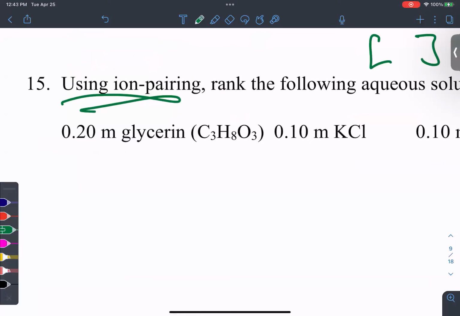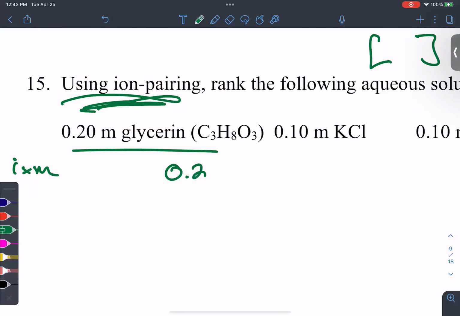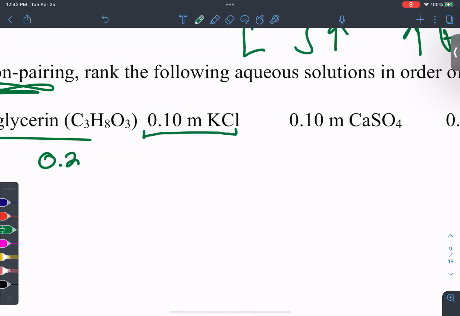So glycerin, what's the Van 't Hoff factor in glycerin? 1. So its I times M is 0.2. I'm just going to calculate the true I times M, and then I will consider ion pairing after that. All right, KCl, what's the Van 't Hoff factor of that? 2.